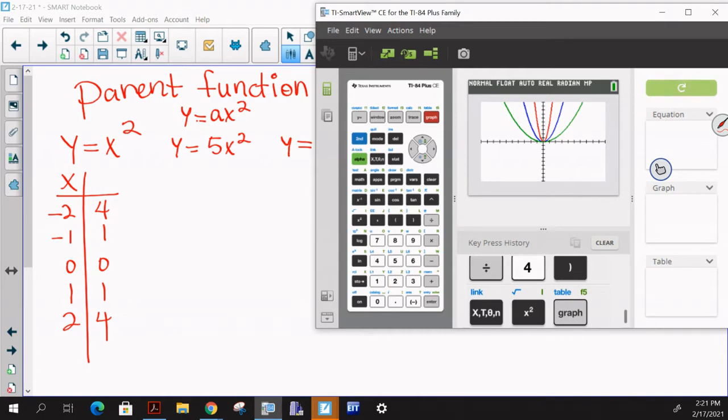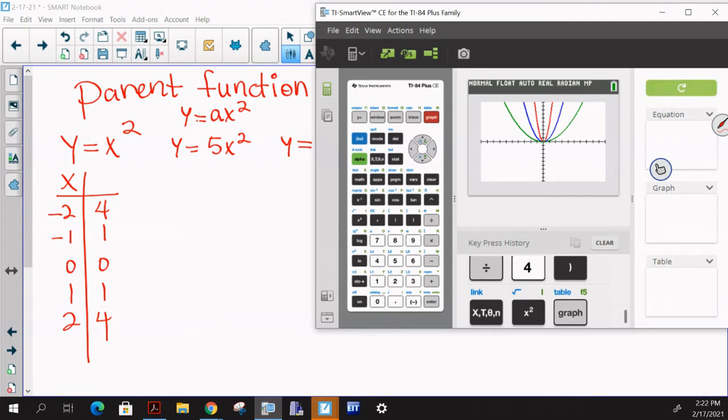So based on what we've just seen, when A is greater than 1, it's a multiplying factor. And so it stretches the graph. But if A is less than 1, like a fraction, then it is a compressing factor. It's actually dividing the y values, because we're multiplying by the fraction, but we're really dividing by the denominator.